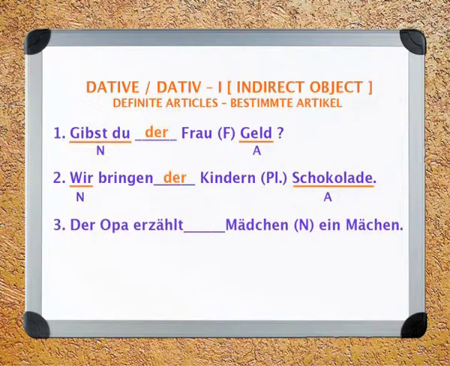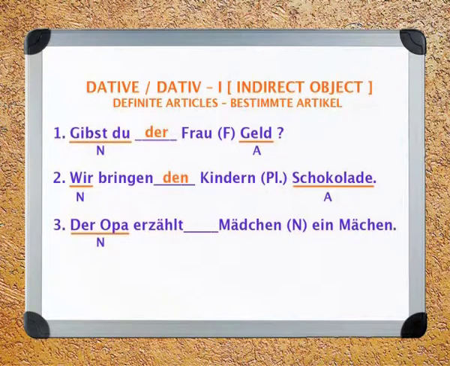Der Opa erzählt Mädchen ein Märchen. Here we have the nominative der Opa, which means the grandfather. We have the verb erzählt, which means to narrate. Now we have to see who narrates. For that we have the answer nominative der Opa.